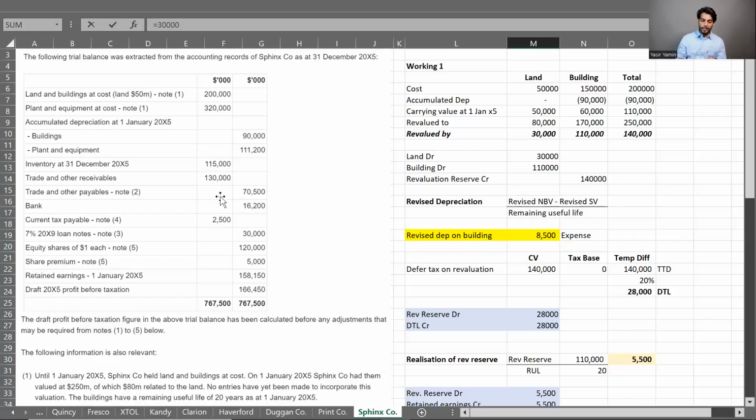You multiply it by 7%, and also multiply it by 6 by 12, because only 6 months of interest is due this year but will be paid next year. The first installment was already paid on 1st July X5. So when you calculate this, the amount of interest accrued would be 1050.